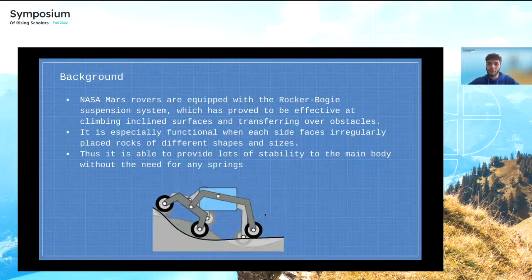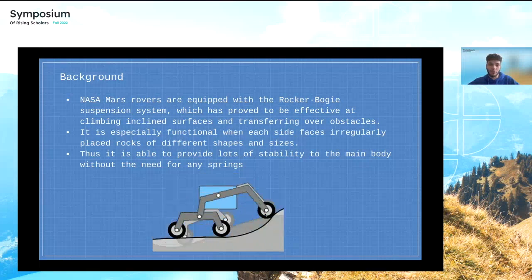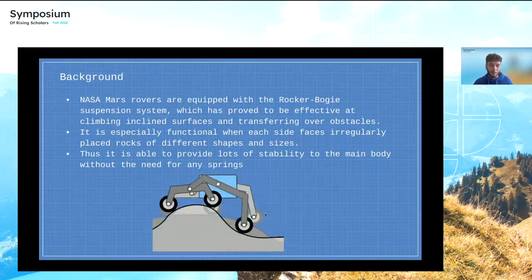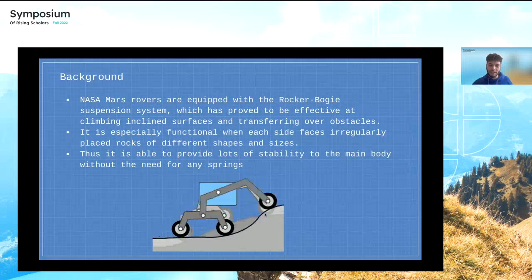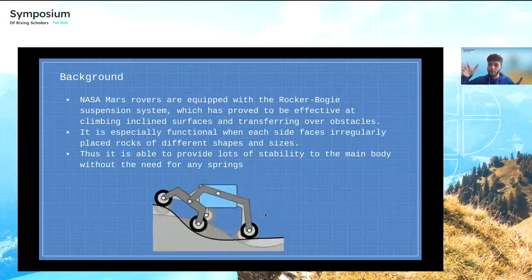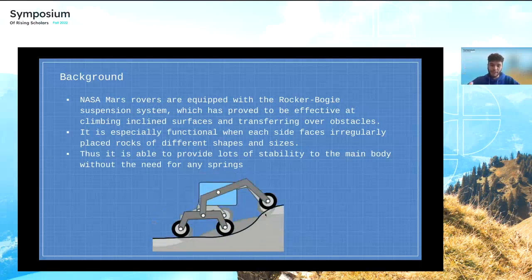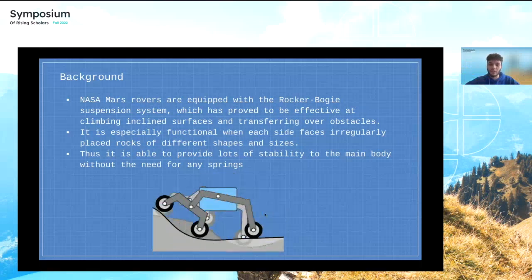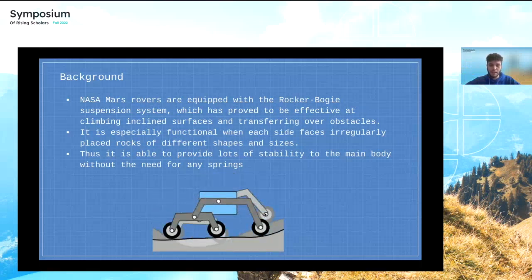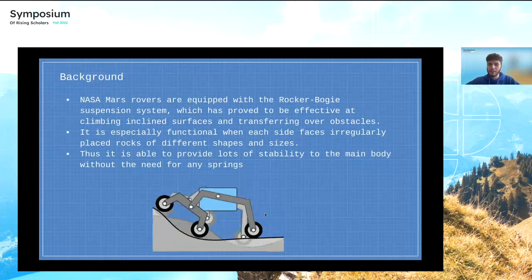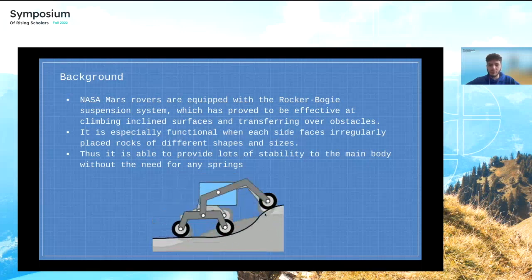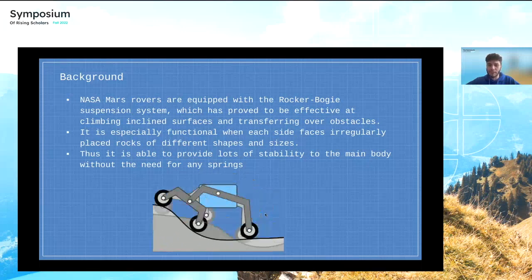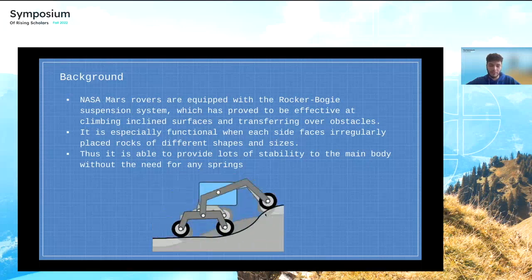If you think about this compared to a car, if a car goes over an obstacle on the right side, the entire car will shift off balance or tip over. So this is why they use the Rocker-Bogie system. And they don't even need any springs on it, which simplifies it even more. You just need a central differential, and that's about it.